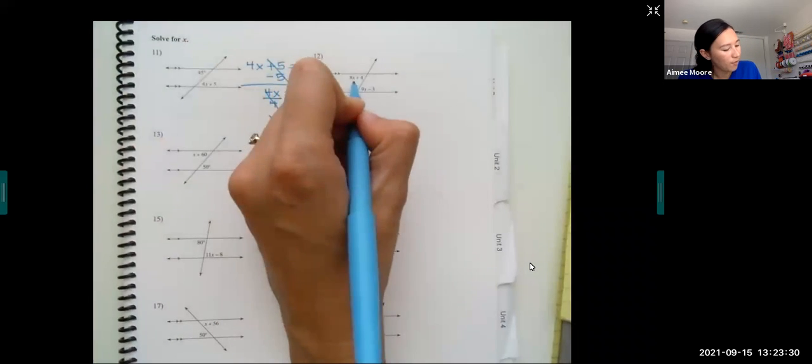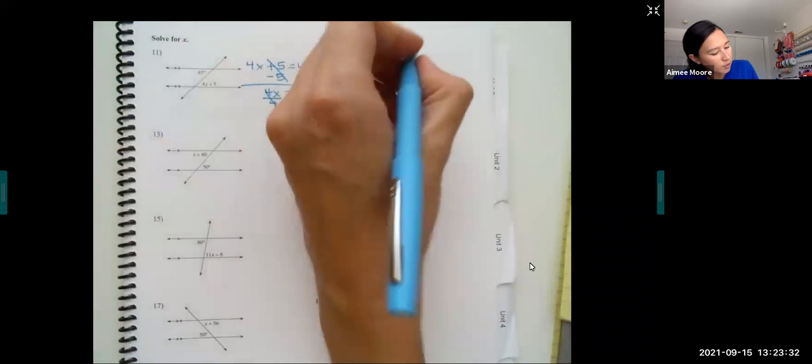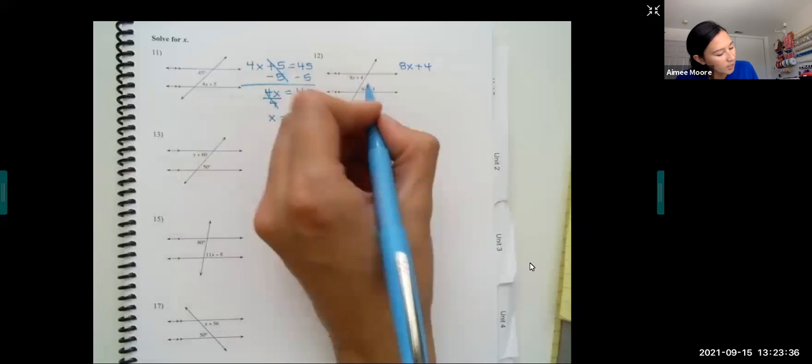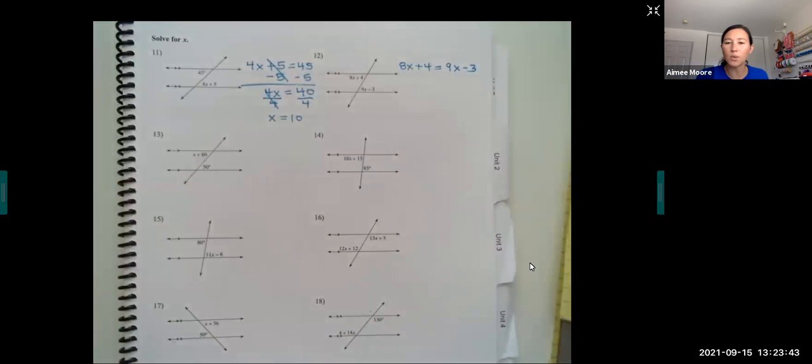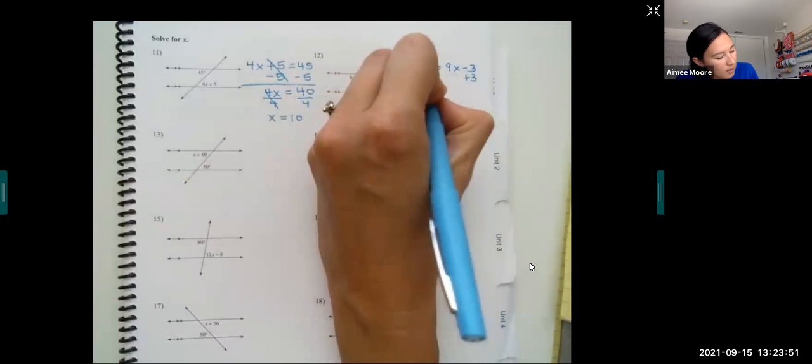Okay, number 12. We have 8x plus 4 for one angle, and its alternate interior angle is 9x minus 3. So again, we just set those 2 angles equal to each other because we know they're congruent, and now we just have to solve. We can add 3 to both sides first.